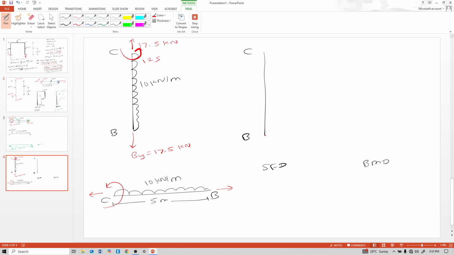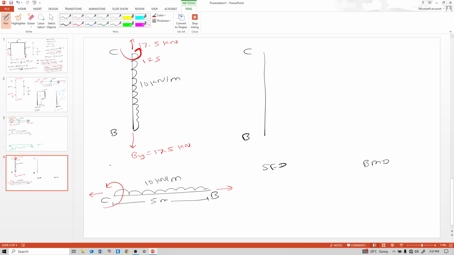See, this is roller support at point B. So at roller, shear is always 0. But see this, calculate shear here at this point. Minus 10 into 5, it is minus 50.